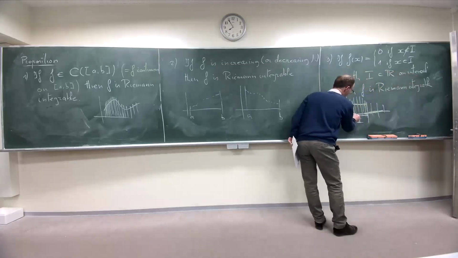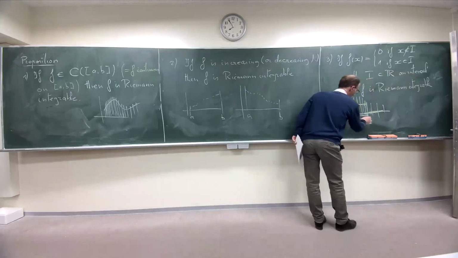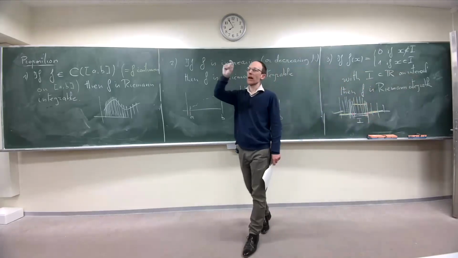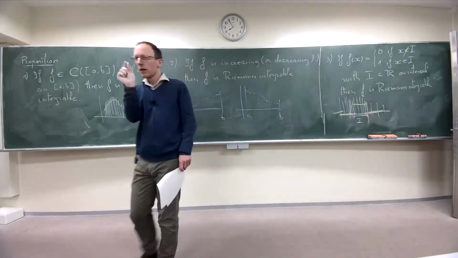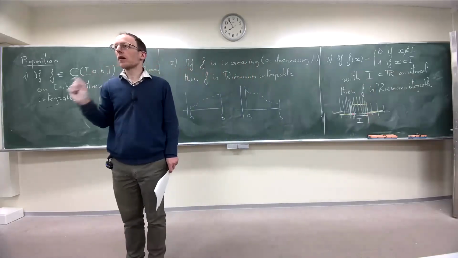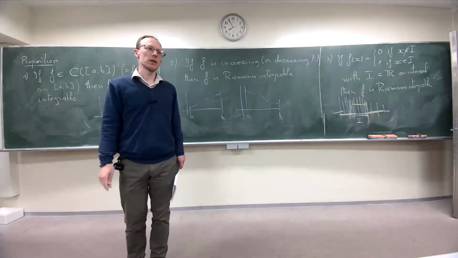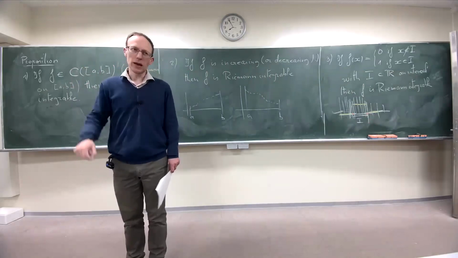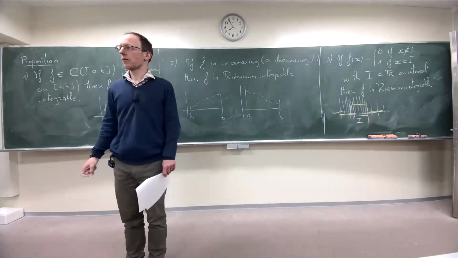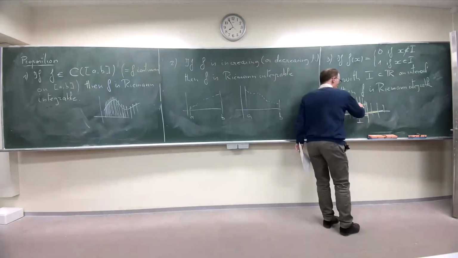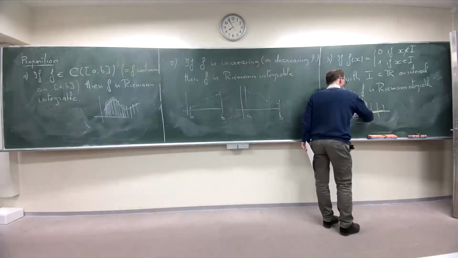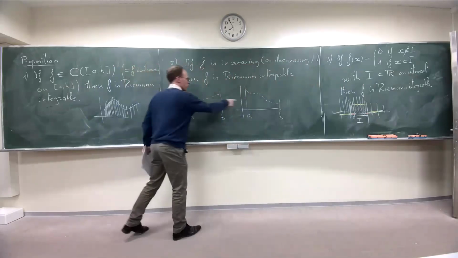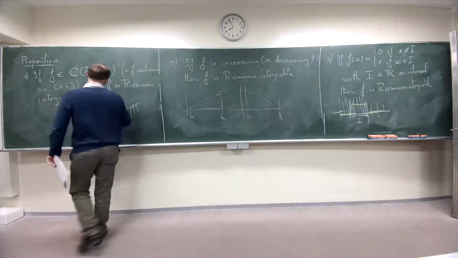You still have one interval here and one interval there where the function takes somewhere the value 0 and somewhere the value 1, but they become smaller and smaller. So when you write the condition for Riemann integrability, you will see that the upper limit and the lower limit converge to the same value. And the integral is, of course, just this area at the end. And something quite similar can be used for this one and this one.